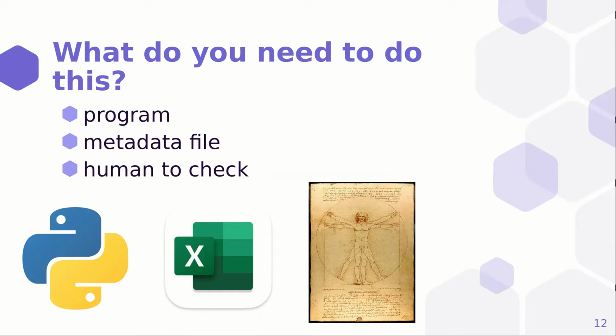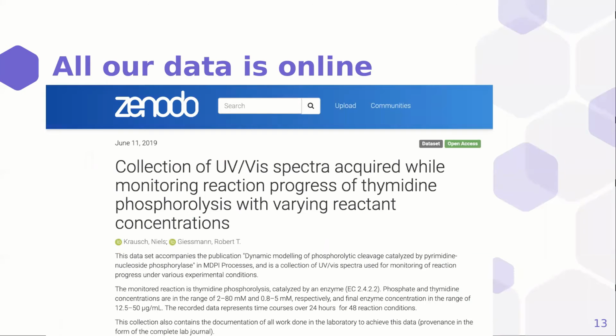So you would need a program which Niels and I wrote mostly, then a metadata file, which we found really, really helpful to have it in one file, the metadata about your spectra, and then a human to check, because actually the computer makes mistakes sometimes. So it doesn't make mistakes because computers don't make mistakes, but you end in a wrong local minimum. If you want to check the data set itself, it's also online on Zenodo.